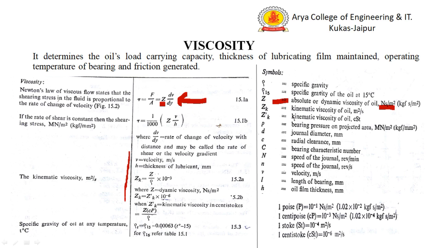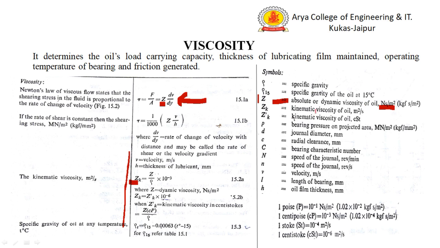These are the formulas of absolute viscosity and kinematic viscosity Zk. Here Z is the absolute viscosity, the unit is Newton second per meter square.